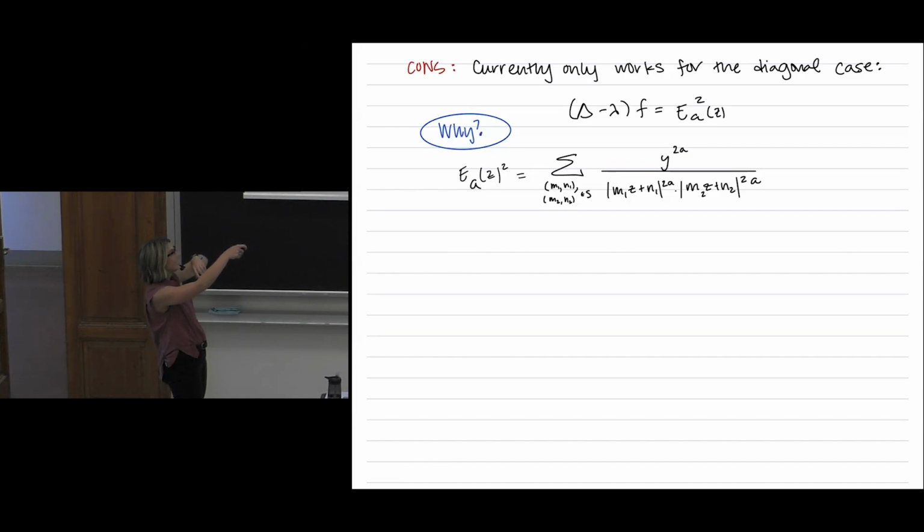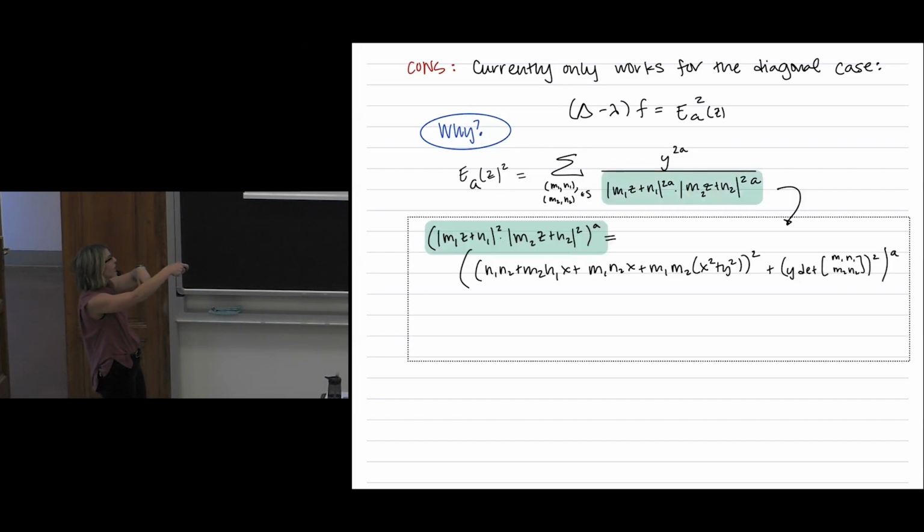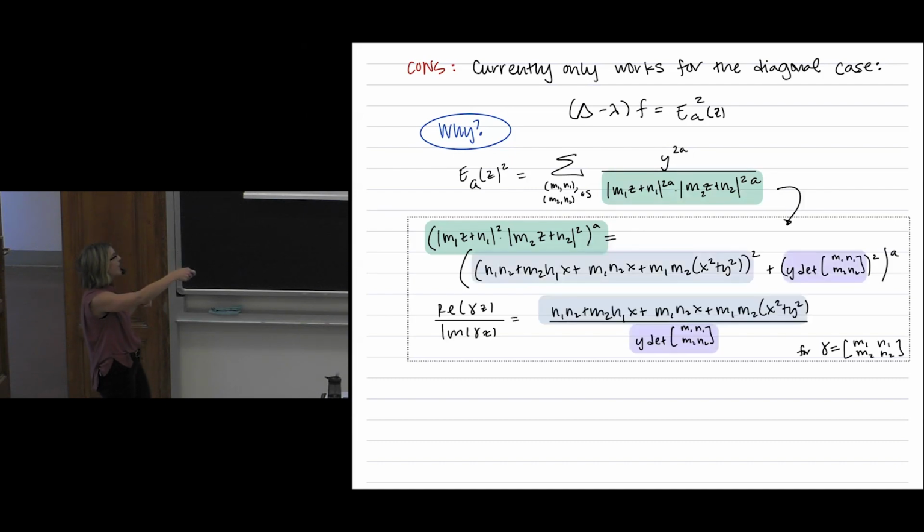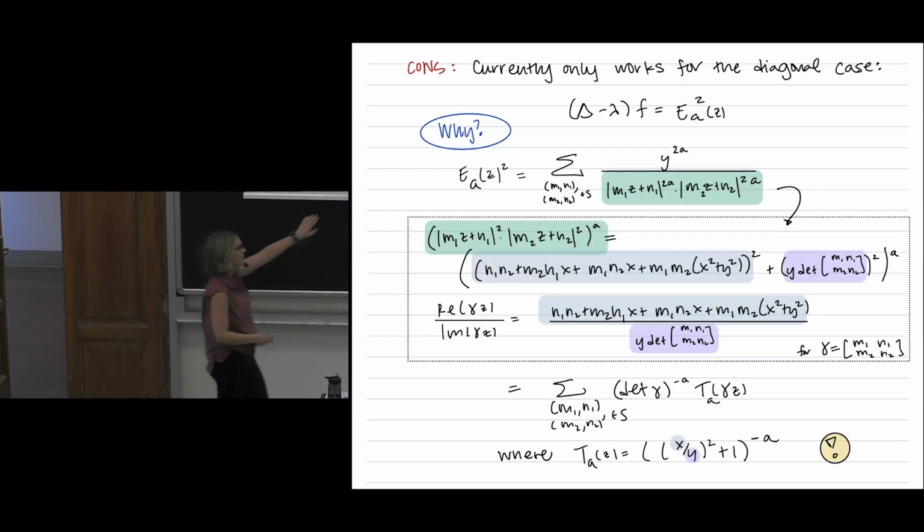Here you can see from doing this change of variables in the TA thing that we had before, if we look at the denominator of this expanded product, we have this nice property where we can factor out an a, and then if we expand this denominator really nicely, we get these two terms, which match up with this ratio of the real and imaginary part that we saw in this TA function we had before.